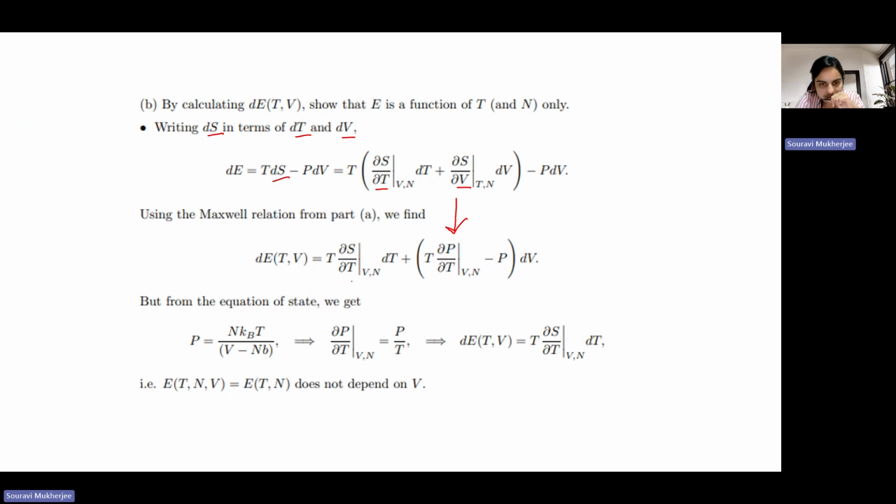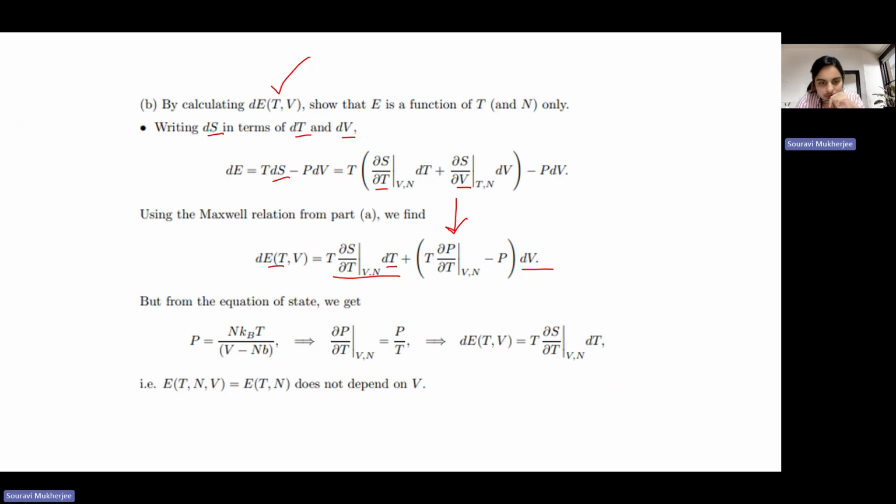And collect terms with respect to dT and then dV. What did you get? You got E as a function of T and V. That's what you were supposed to find, right?